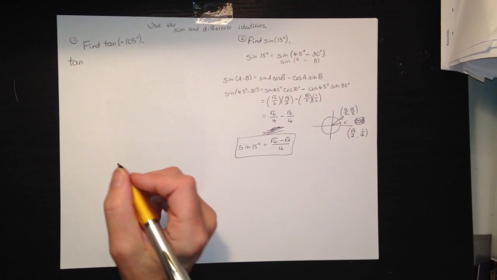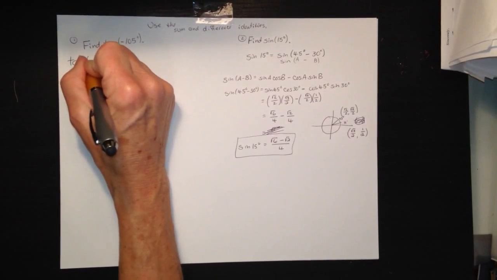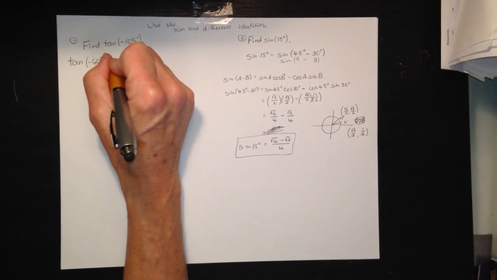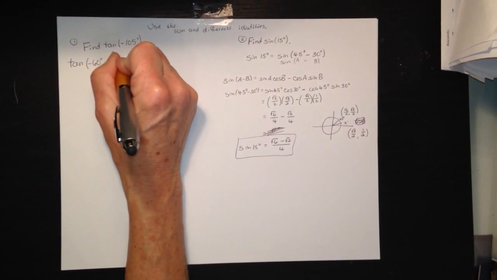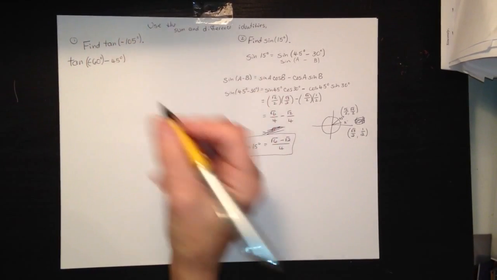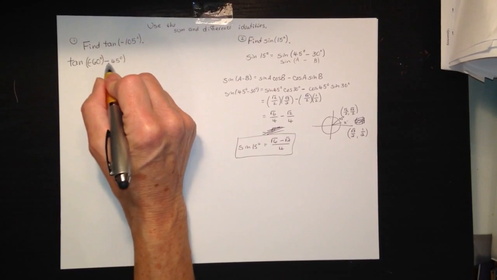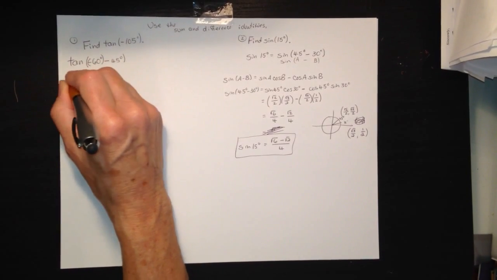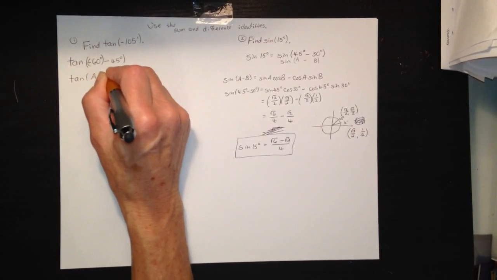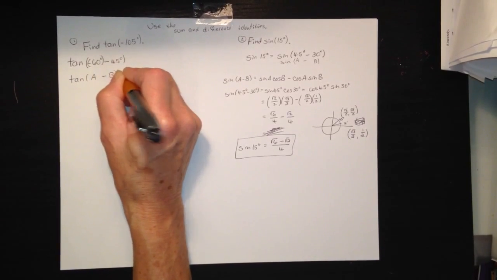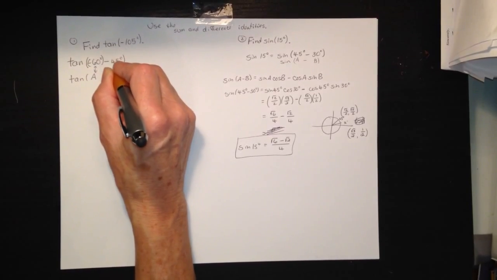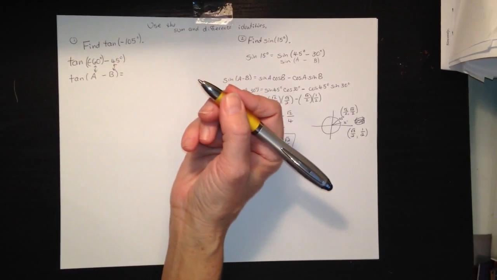But the way that I chose is to look at this as the tangent of negative 60 degrees minus 45 degrees. So my first angle is a negative angle, and my second one's a positive angle. So this would be tangent of A minus B, where A is negative 60 degrees and B is positive 45 degrees.